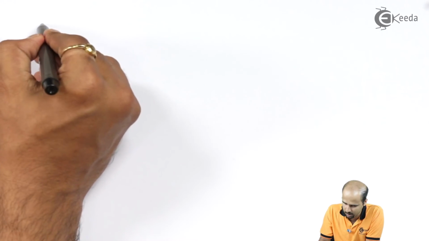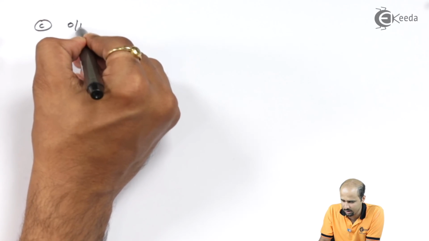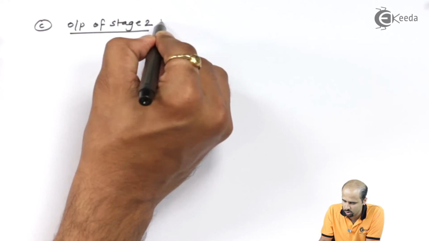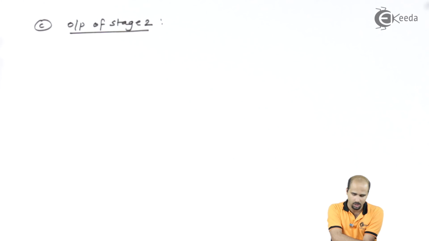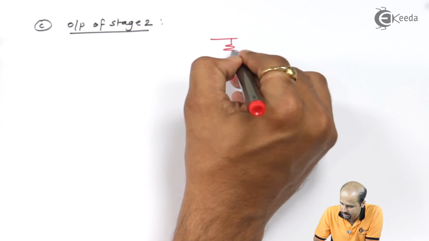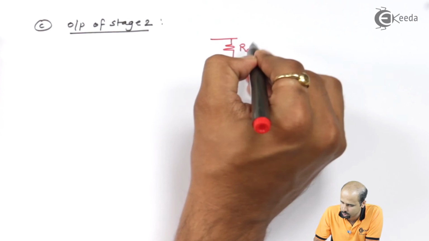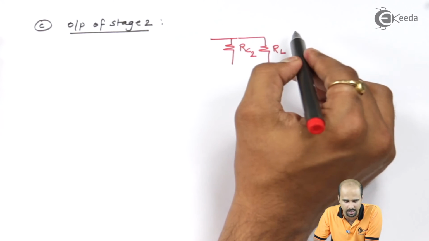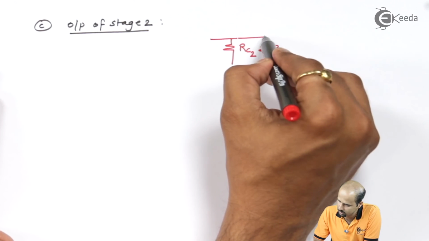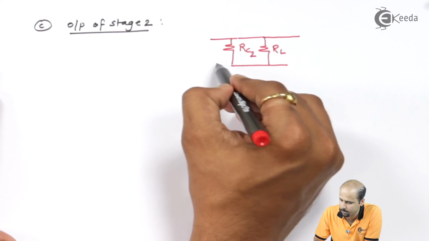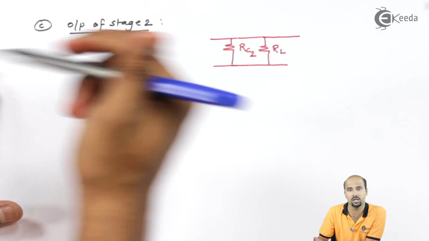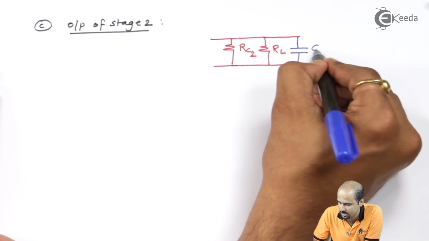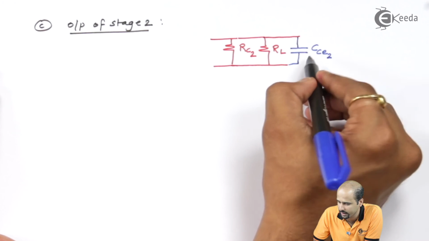last part, last but not the least. C part is nothing but the output of stage 2. So the output of stage 2 circuit is also very simple. So that forms the resistance, that is RC2. If load resistance is given, then we will draw load resistance RL. Okay, and then the capacitances which are placed, again these are nothing but first capacitance in between collector and emitter, that is CCE2 I can say.